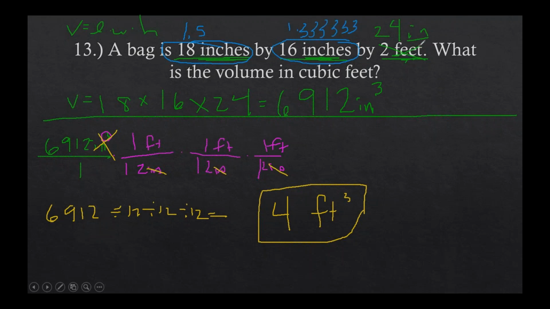And as soon as you start rounding, it gets a little ugly. So in order to keep your answer as exact as possible, going to inches first and then cubic feet is actually a more exact way in this case. So you really have to pay attention, that exponent is going to tell you how many times you have to do that. Okay.